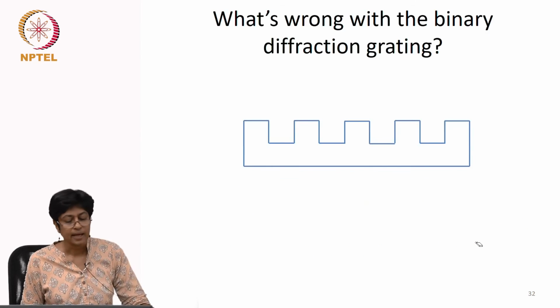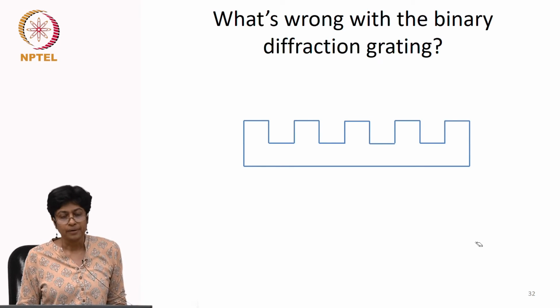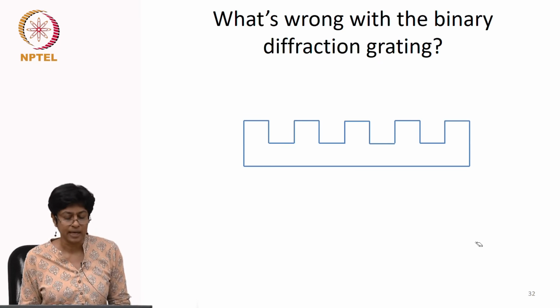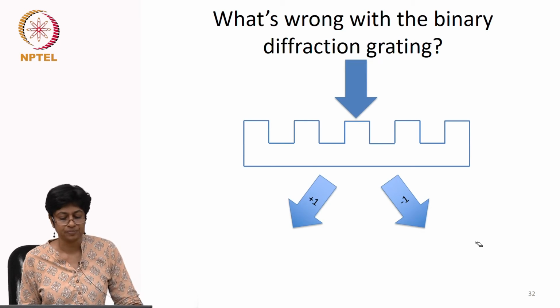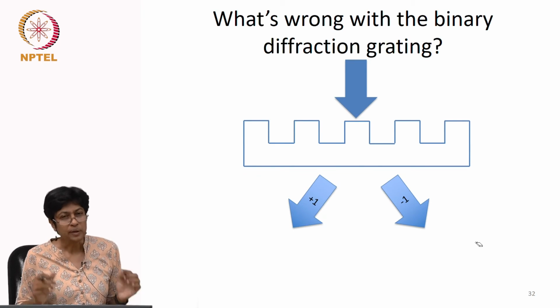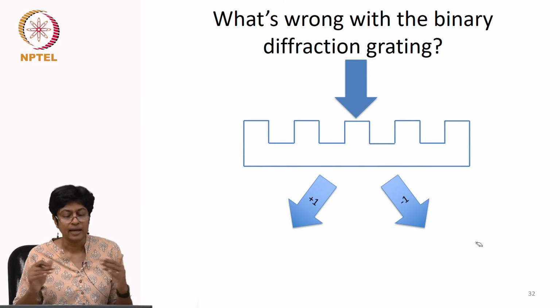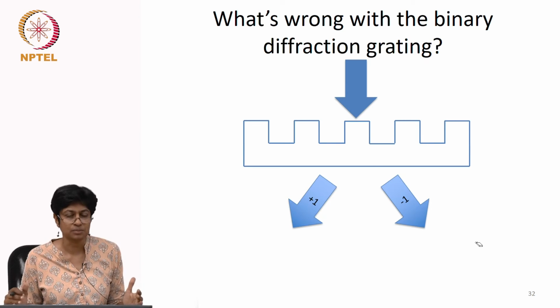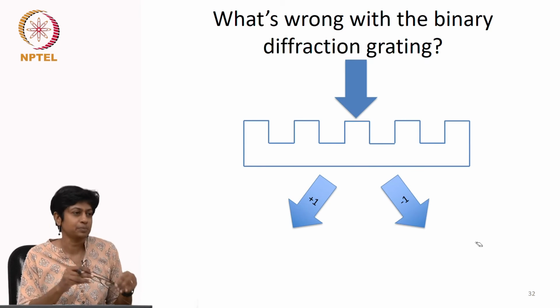Okay, and although we looked at this already, let's look at it now with a more critical eye and say what is the problem with a binary diffraction grating. We always want optical elements or devices or systems to be as efficient as possible.